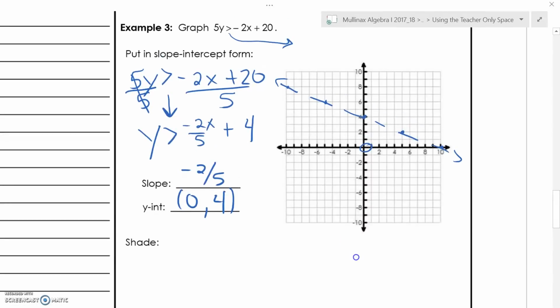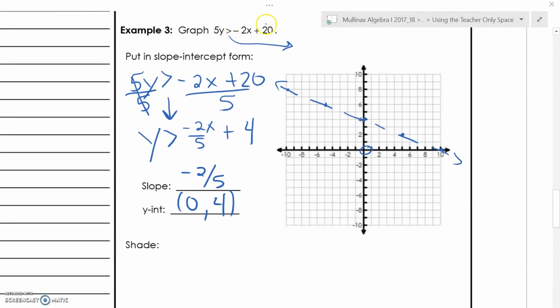I can substitute it into either the original form or the slope-intercept form. Using the original form, 5 times 0 is 0. Is that greater than negative 2 times 0, 0 plus 20? Is 0 greater than 20?